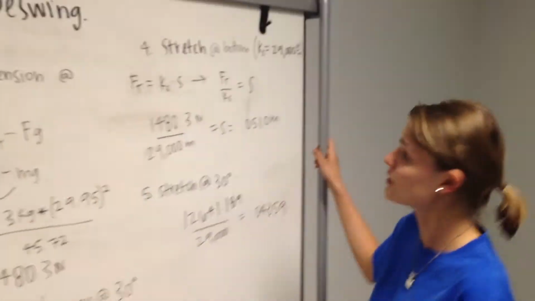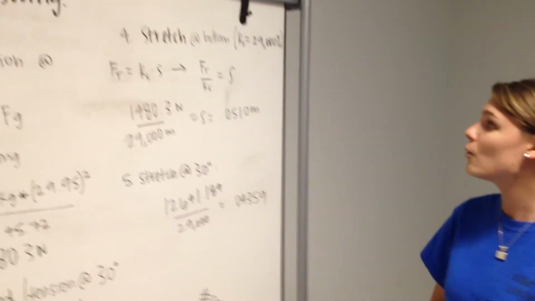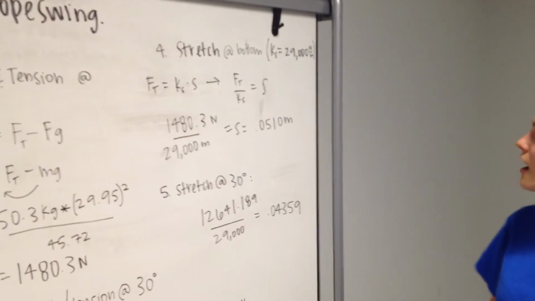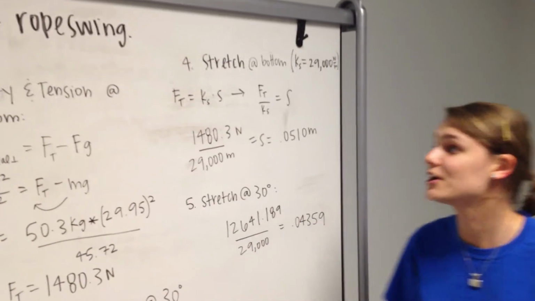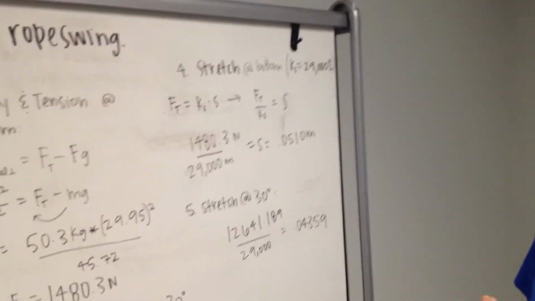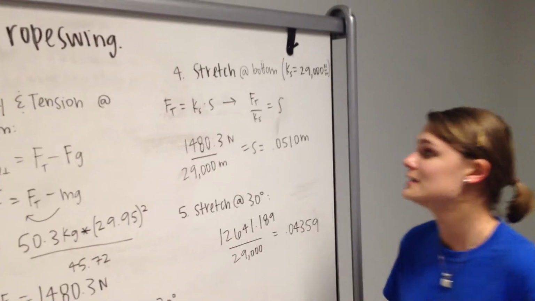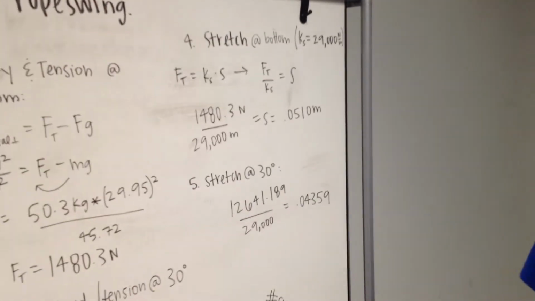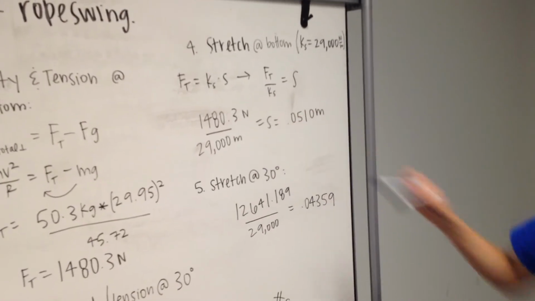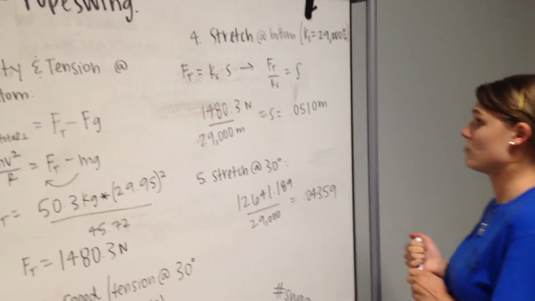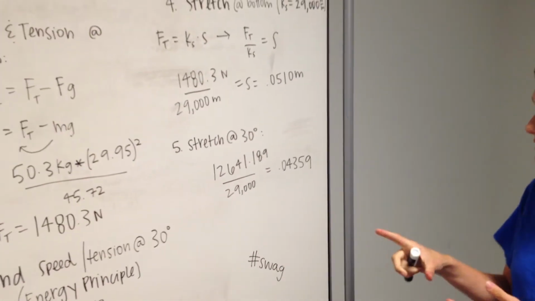Okay, and then the next thing I want to find is the stretch at the bottom and the stretch at 30 degrees. So I'm going to use a spring constant of 29,000 newtons per meter, and then we can use the equation, the tension force equals the spring constant times the distance change, s, and just rearrange the equation, plug and chug, and we get 0.0510 meters at the bottom to be the distance change.